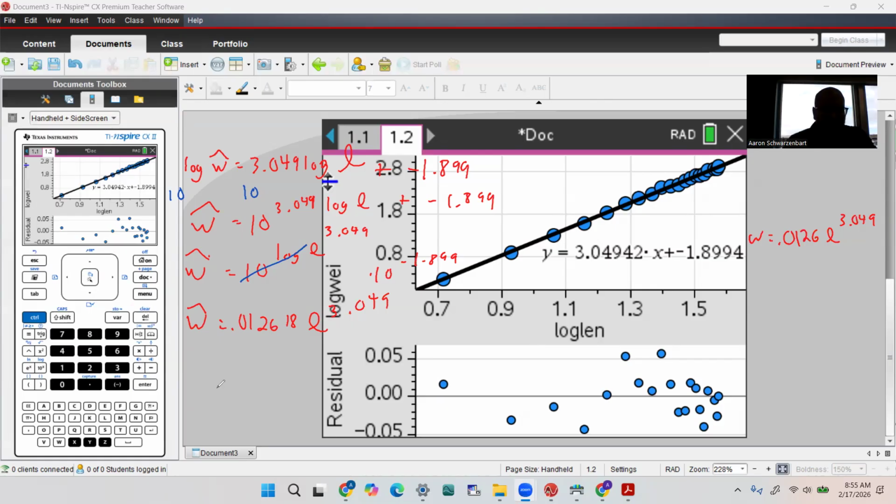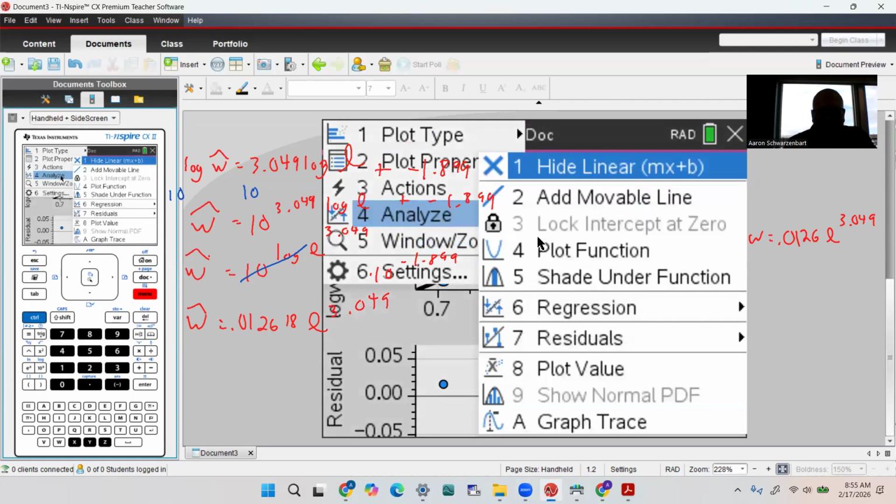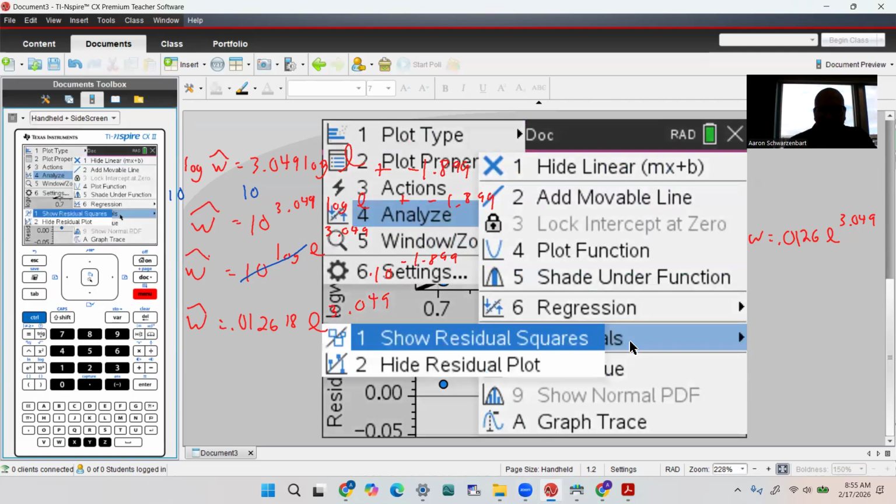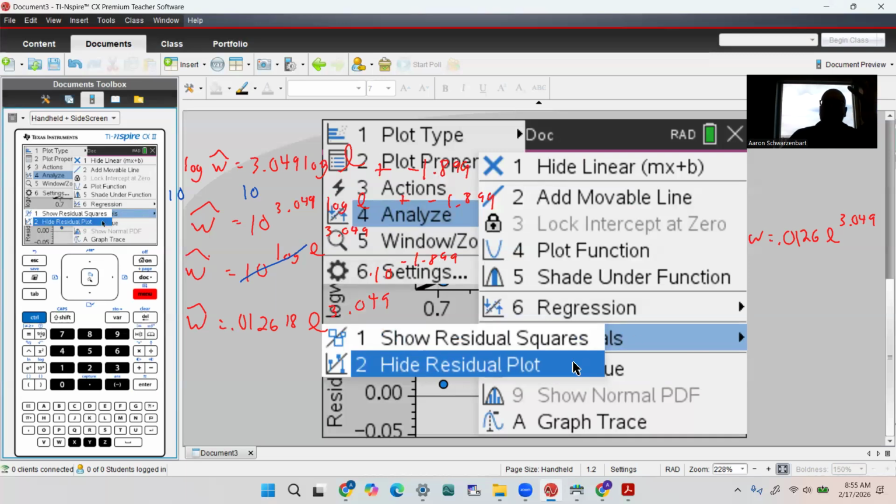How did I get the residual? So I went menu, analyze, residuals, and then show residual plot. So analyze, number 7 is residuals. Show residual plot. Mine says hide now because I'm currently showing it.